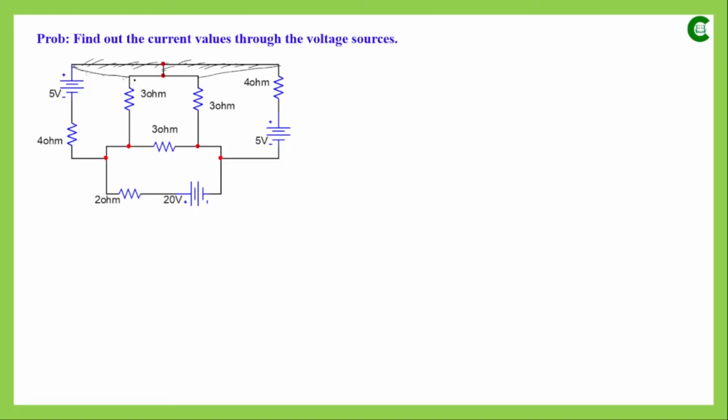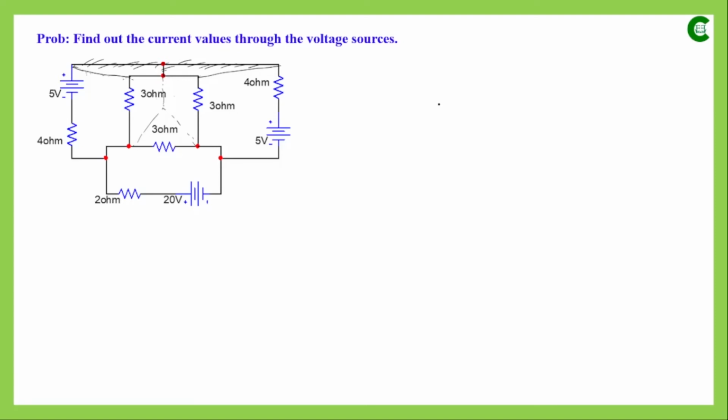We can convert this delta to a corresponding star connection, which will make our simplification much easier. For that we apply the delta to star conversion formula, and instead of these three resistors, we will have three resistors as per this connection.